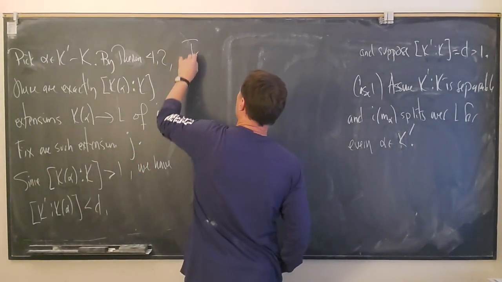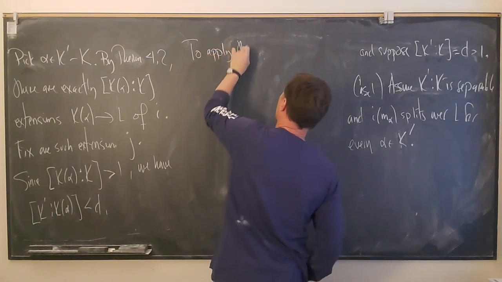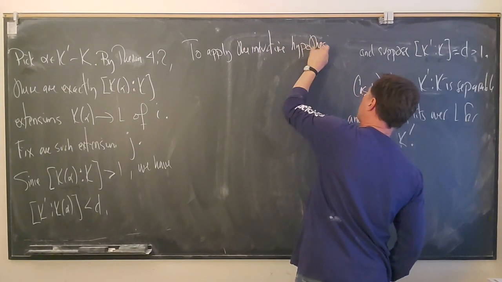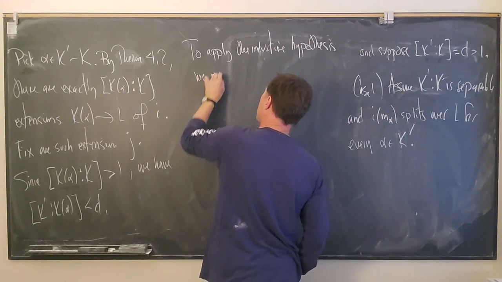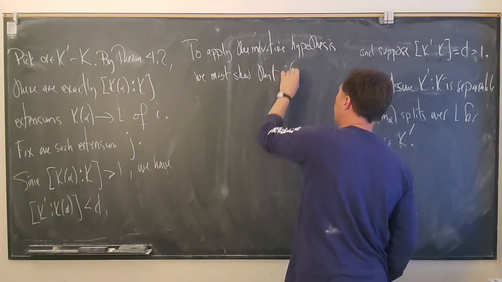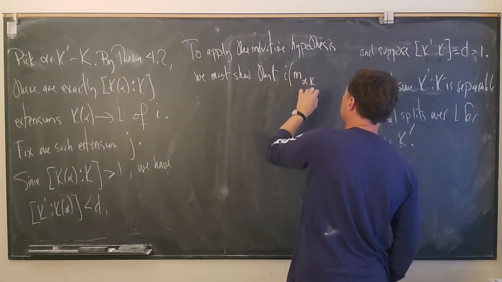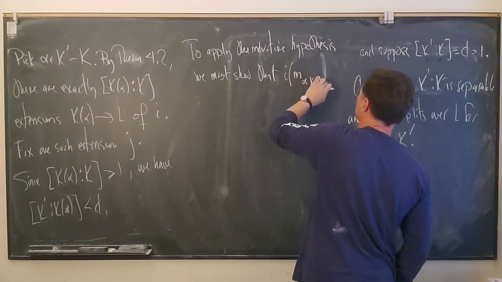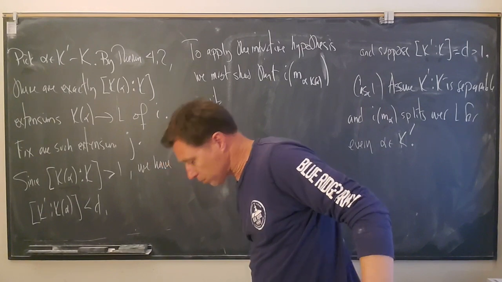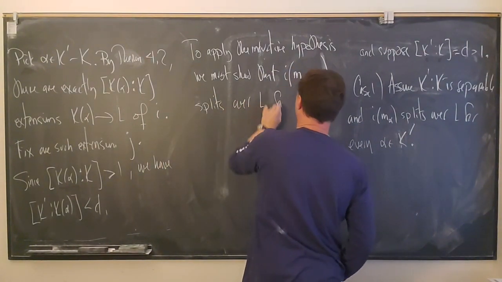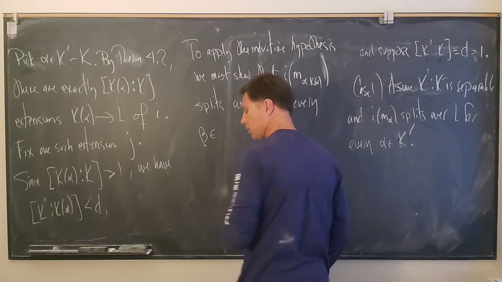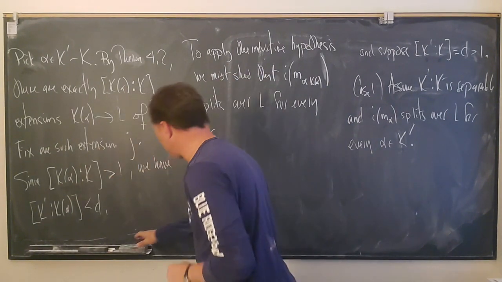So to apply the inductive hypothesis, we must show that I of the minimal polynomial of beta relative to k adjoin alpha splits over L for every beta in k prime. Sorry, I don't want to use alpha twice.